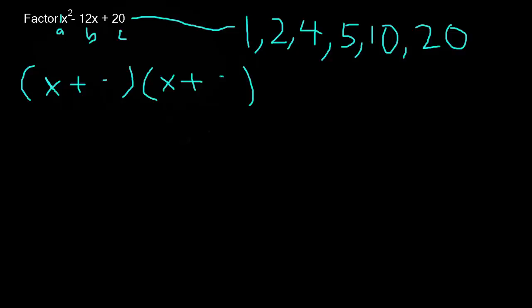So a 1 and 20 could go there because then when you FOIL it, and if you don't know how to FOIL, go to my last video and figure out how to FOIL, this 1 and 20 will multiply to 20, and that'll be the only term without an x, so that'll be part of that.